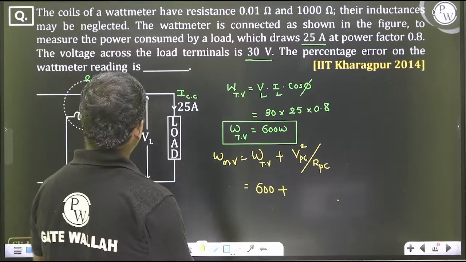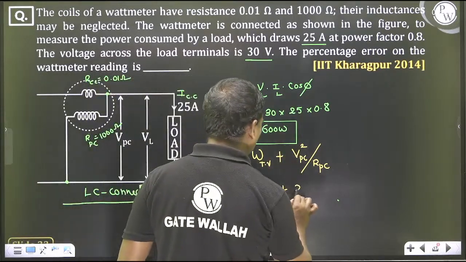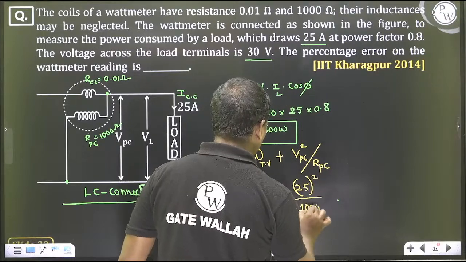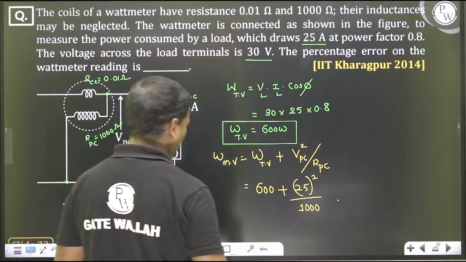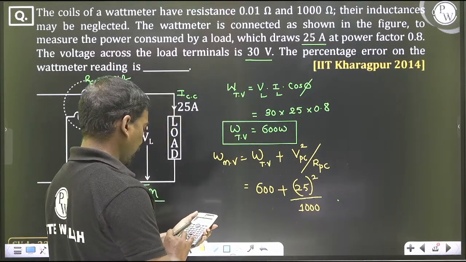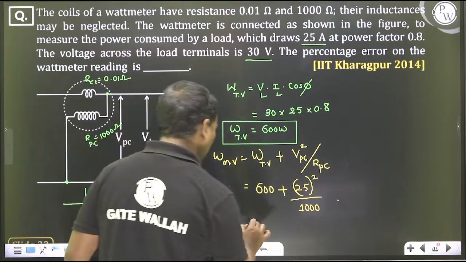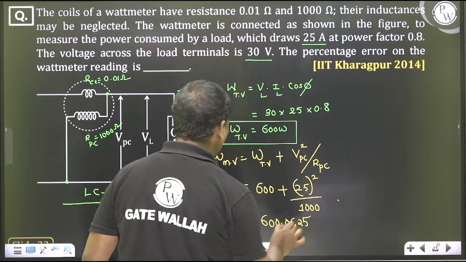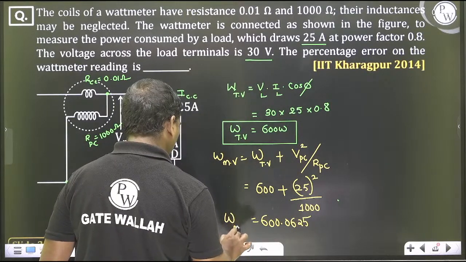That will be equal to across this load. So that means 25 square by this is 1000. Resistance of the pressure coil. 25 square divided by 1000 is 0.625.